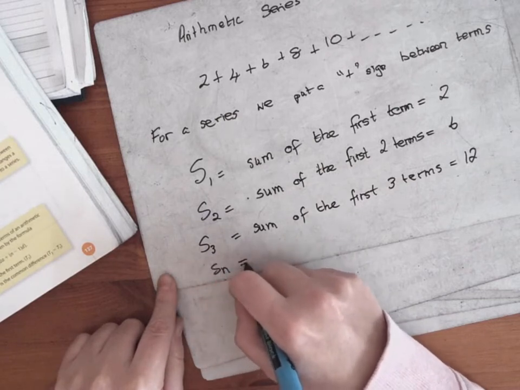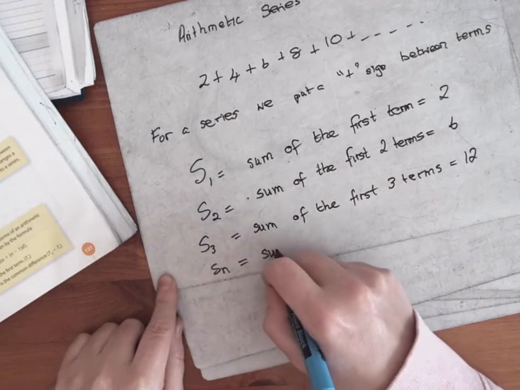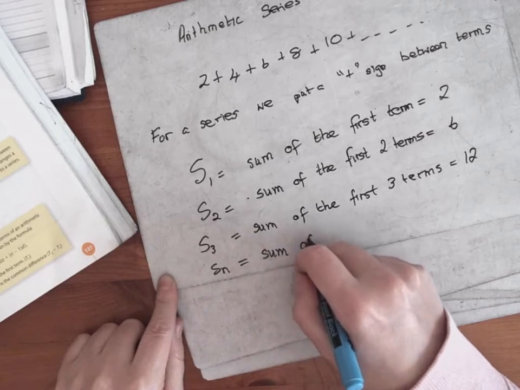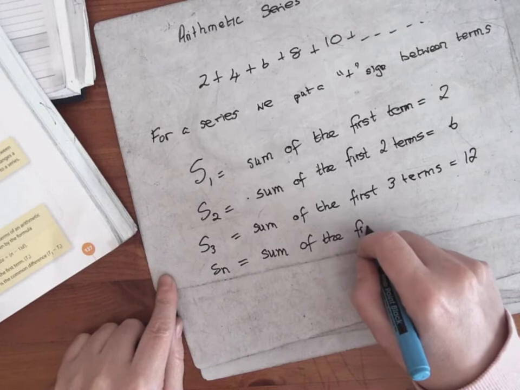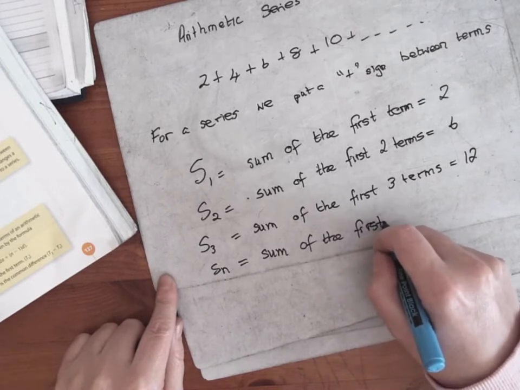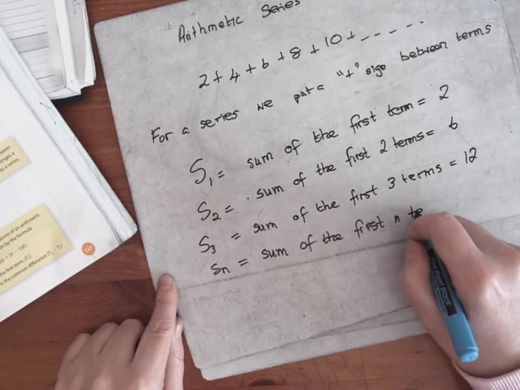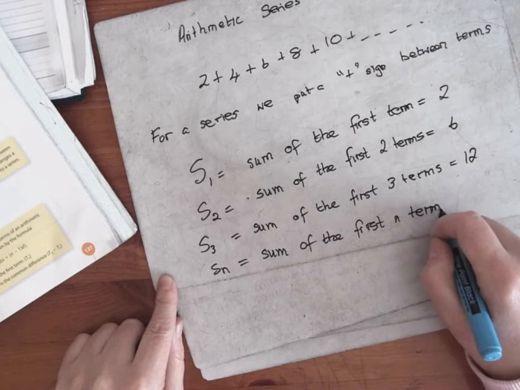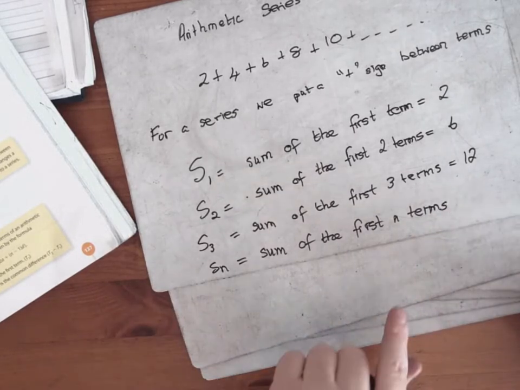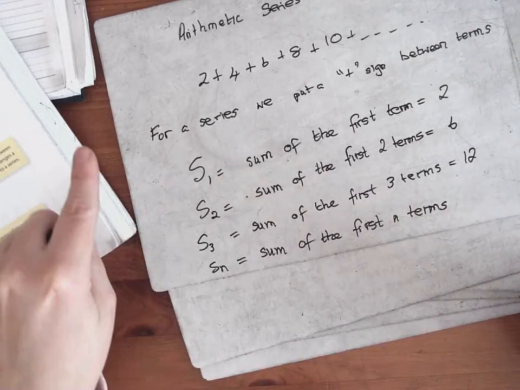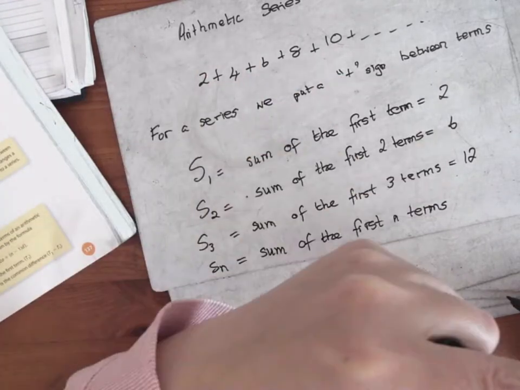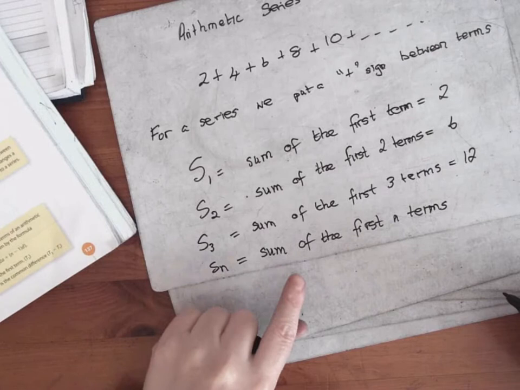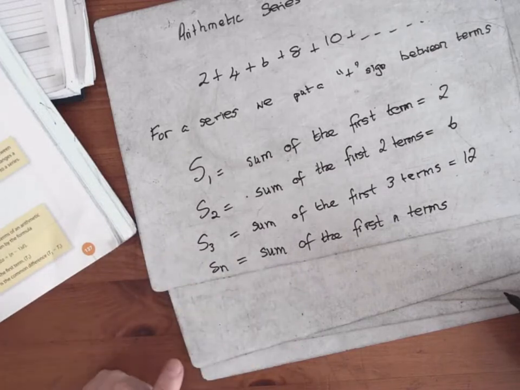Sn is the sum of the first n terms. They have to tell you what n is. If n is 4, you would add the first 4 terms. If n is 10, the first 10 terms. If n is 100, the first 100 terms.